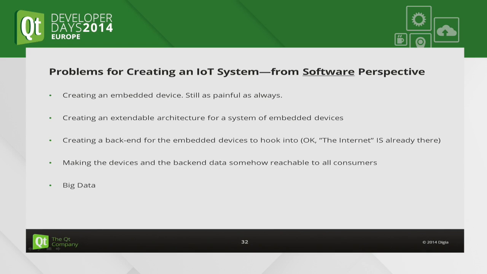Then you need a backend for the embedded devices to hook into, even though the internet is there, but we all know that you just can't push data to the internet just like that; you need some sort of a backend to handle it. And then you need to make the devices and backend somehow reachable by all consumers, if it's that kind of a device. And then, of course, big data itself brings in a lot of problems. Well, okay.